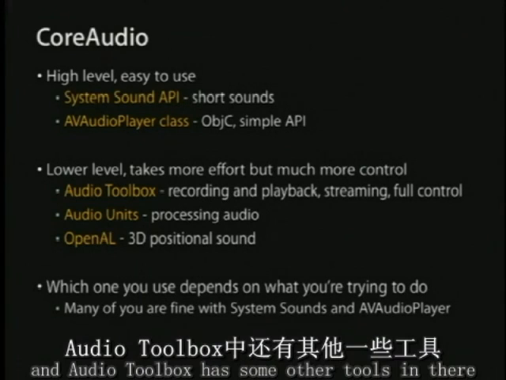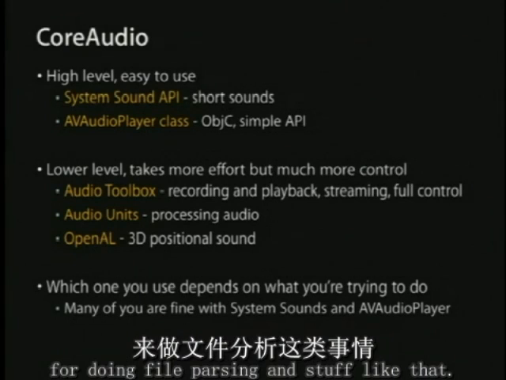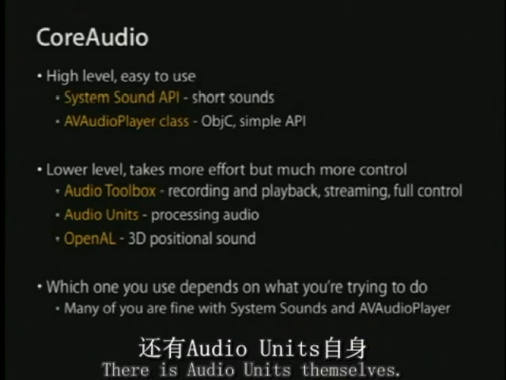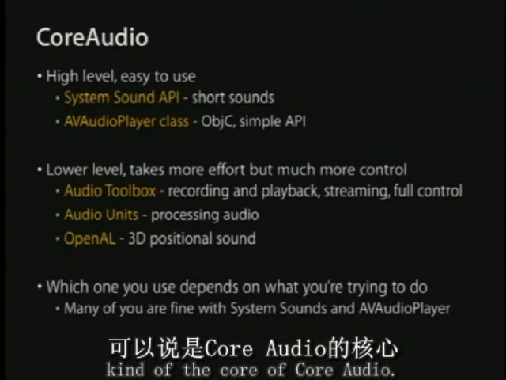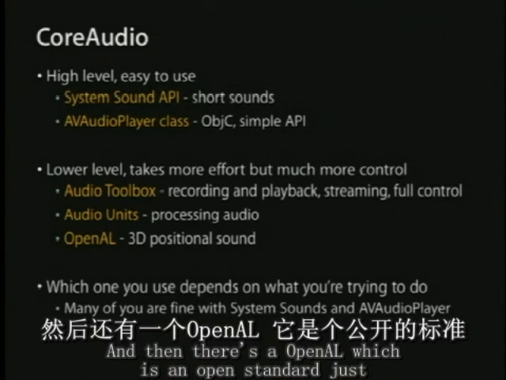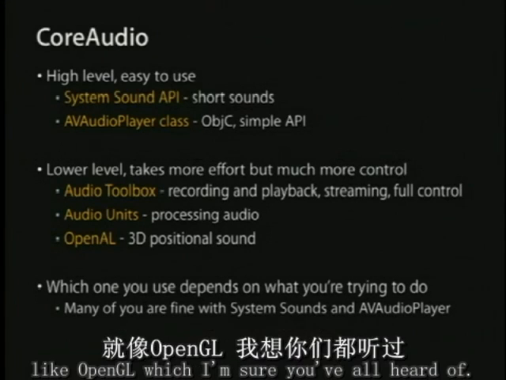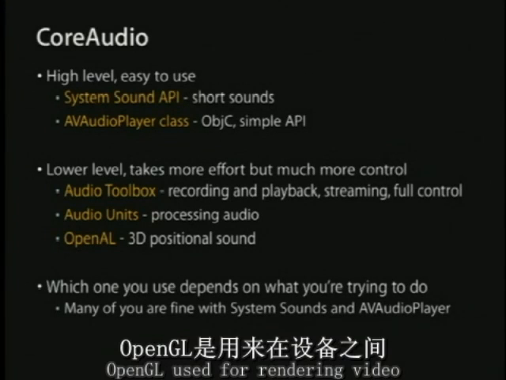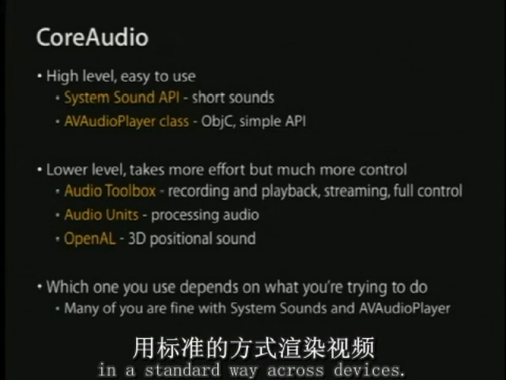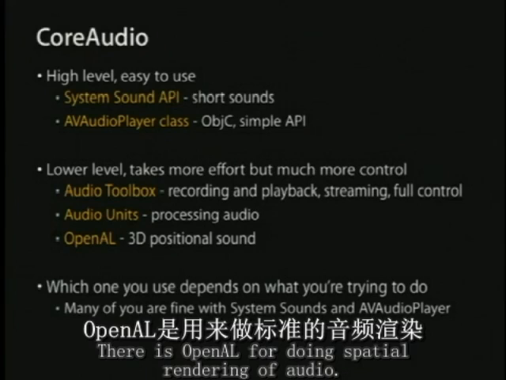And Audio Toolbox has some other tools in there for doing file parsing and stuff like that. There are Audio Units themselves. Audio Units are these node-based processing engines, kind of the core of Core Audio. And then there's OpenAL, which is an open standard, just like OpenGL, which I'm sure you've all heard of. OpenGL is used for rendering video in a standard way across devices. There's OpenAL for doing spatial rendering of audio.